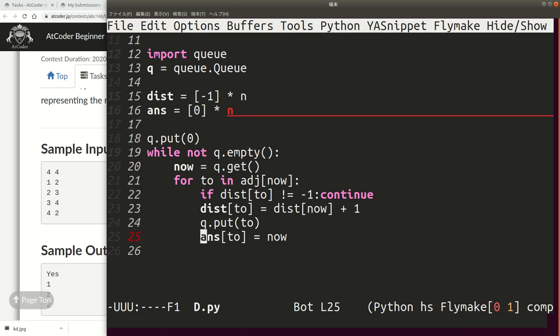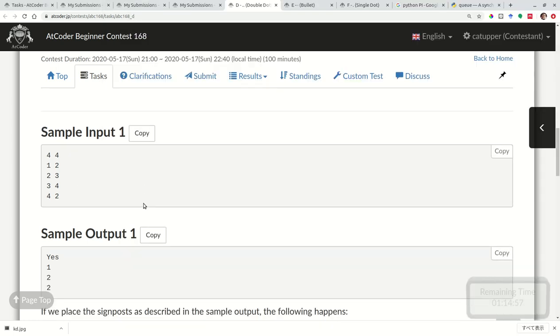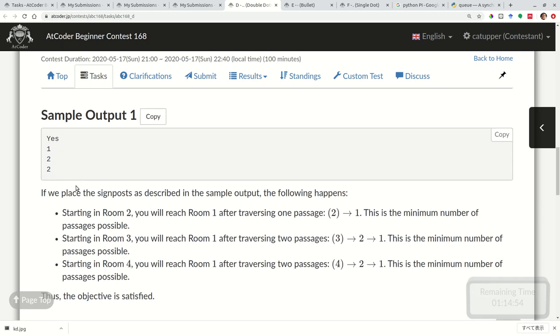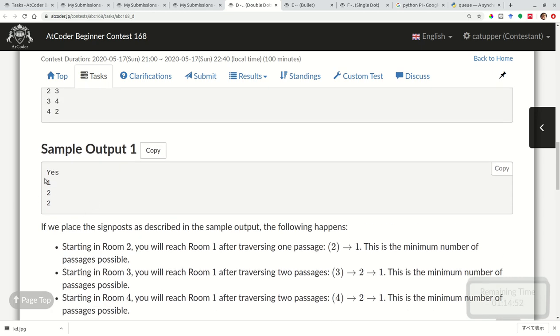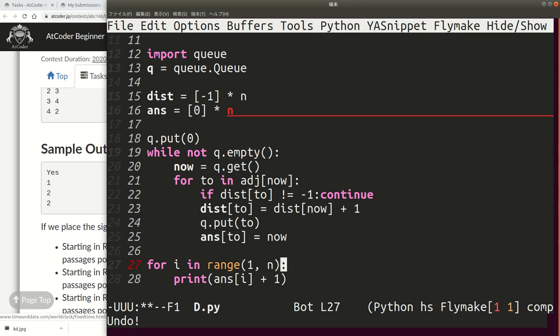Okay, so why is it red? I don't know, but I've done the BFS, so for i in range 1 to n, print answer i plus 1. Because we converted into 0 index, we have to convert it to the 1 index again when we output. And don't forget to print yes.